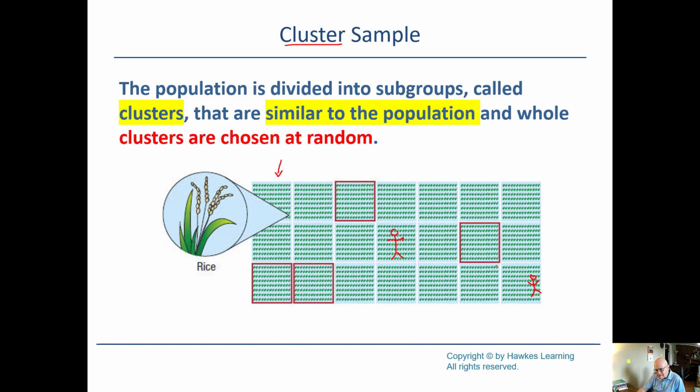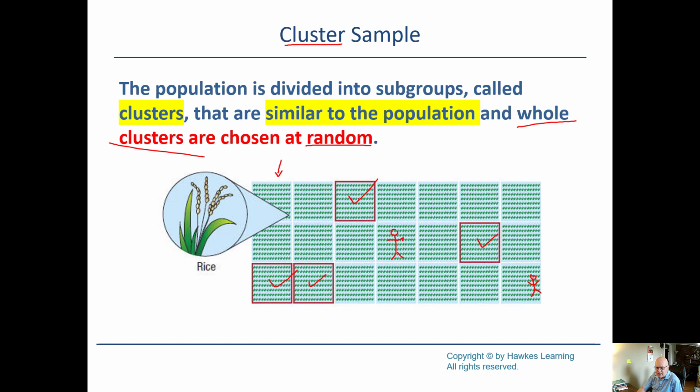Since they all look the same, what you'll do is you'll pick whole clusters at random. So in this case, we'll pick this field, this field, this field, and this field, those 4 fields. We pick those at random. We don't worry about the rest because all the rest are the same as the ones we picked.